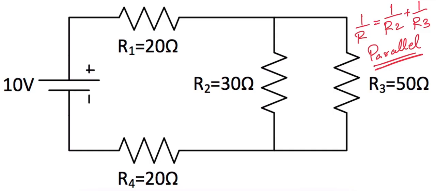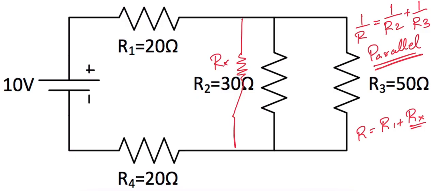And just as we are discussing the parallel connection equation, we can even talk about the series connection equation, which is nothing but R is equal to R1 plus Rx. Now, why are we considering Rx? Because we don't know the value of the new resistance, which is going to get created over here at the end of R2 and R3, right? So Rx will be our new resistance over here, and that will get connected with R1 and R4.